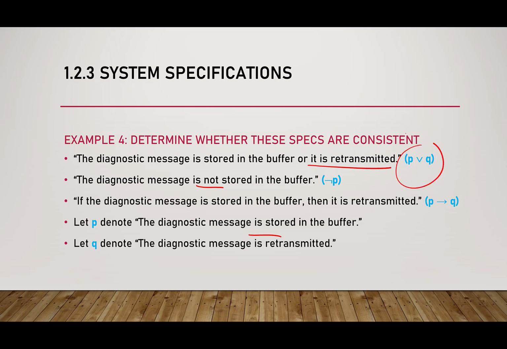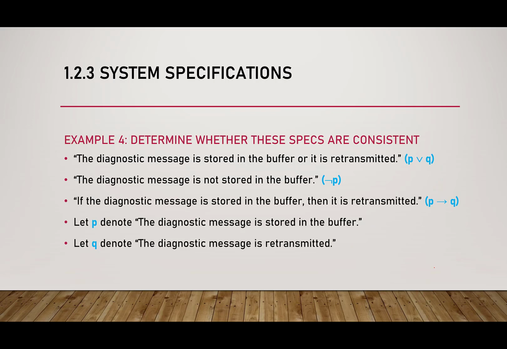Okay, we have P or Q. So let's clear off all these little lines here. We have P or Q, right? The diagnostic message is stored in the buffer, or Q, it is retransmitted. Okay, so that's the first part. We converted that one to an equation.